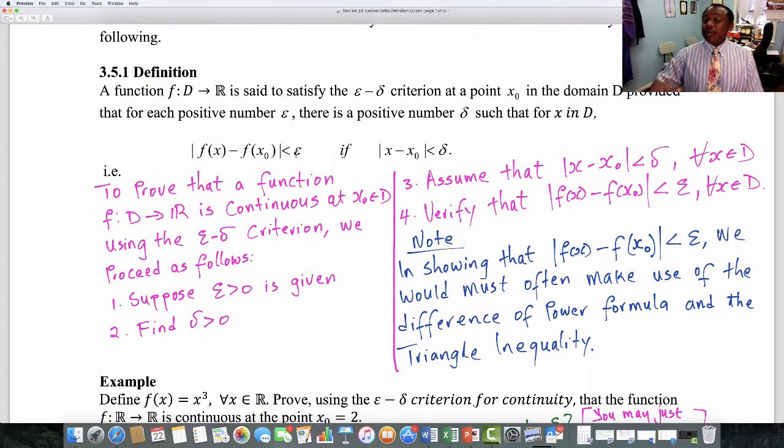We will look at a couple of examples to demonstrate this proof strategy. Note, in showing that the absolute value of f of x minus f of x0 is less than epsilon, we would most often make use of the difference of powers formula and the triangle inequality. So make sure you review some of the tools we looked at at the beginning of this class.